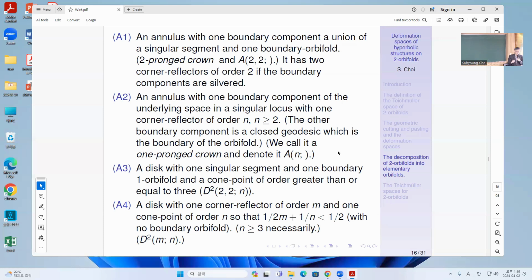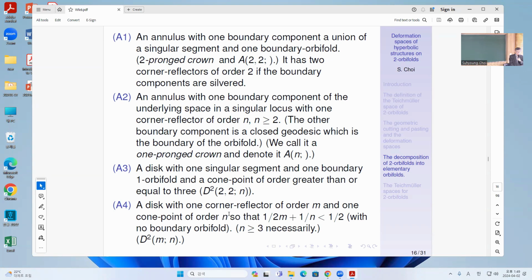So you have a disk like this with two boundary components. One is silvered, and one is a boundary orbifold, and there's one cone point in the interior. At the boundary, if you separate two of them, then you get a 2 corner reflector.